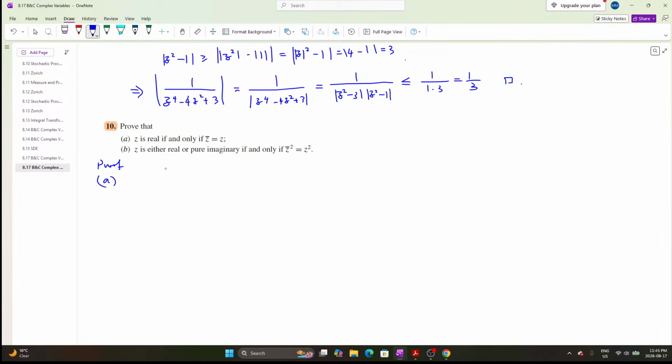Okay, so yeah, let z equals x plus iy. Okay, then z is in R is equivalent to x plus iy is in R, which is equivalent to y equals 0.